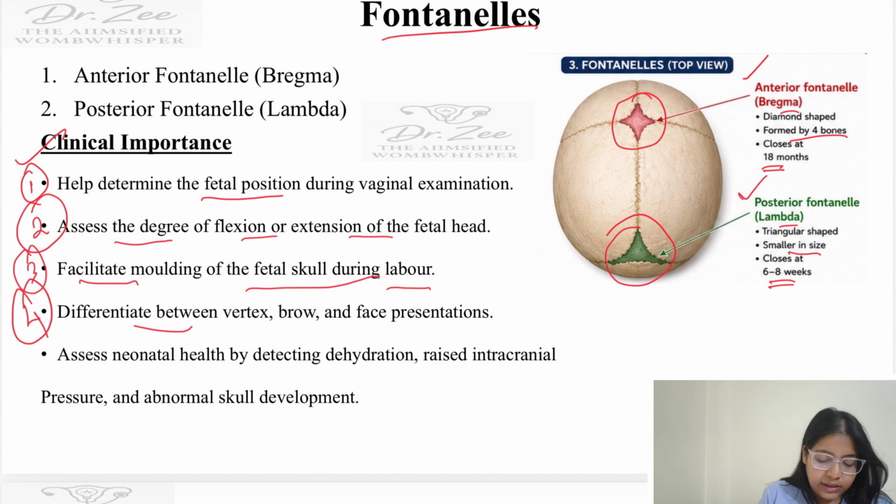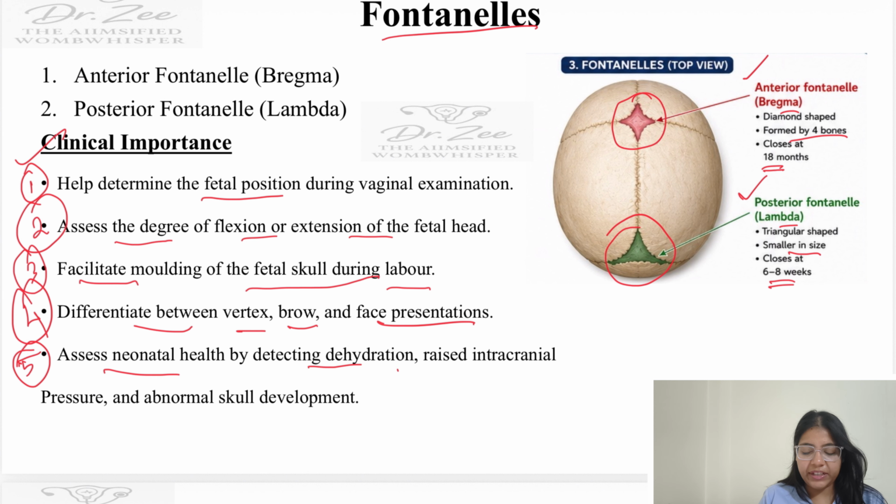Number four, it helps in differentiating between vertex, brow, and face presentation by assessing the fontanelle. Number five, it assists neonatal health by detecting dehydration. If the fontanelle is sunken, it indicates dehydration. If it is swollen up, it indicates raised intracranial pressure and abnormal skull development.